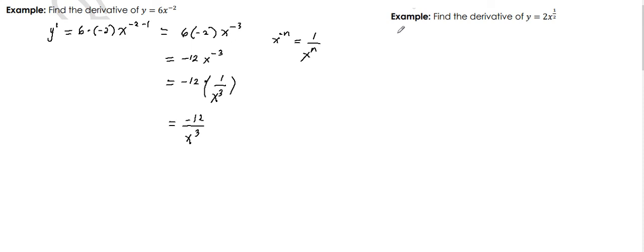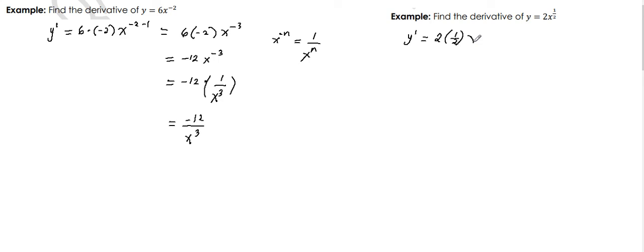Okay, let's have another example. So, in this case, we have y equals 2x raised to 1/2. So, we have our derivative is equal to y prime. And since we have a constant here, copy natin yung constant. And then, ang ating power ay 1/2. So, copy natin yung 1/2.